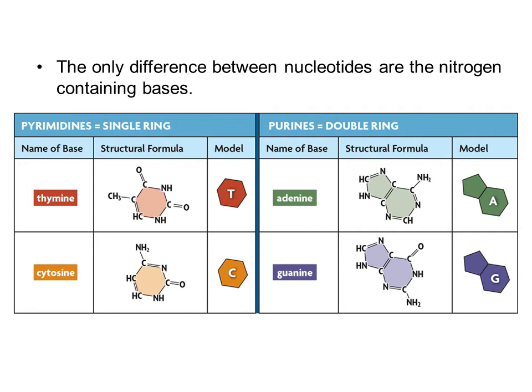The purines include adenine and guanine. They're in that category because they have 2 rings. We call it a double ring. Now, if you look at the pyrimidines, thymine and cytosine, they only have 1 ring.